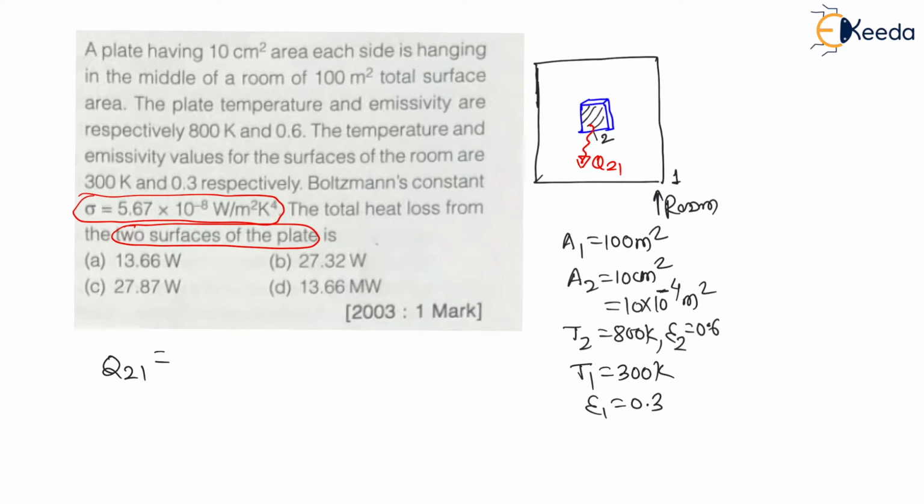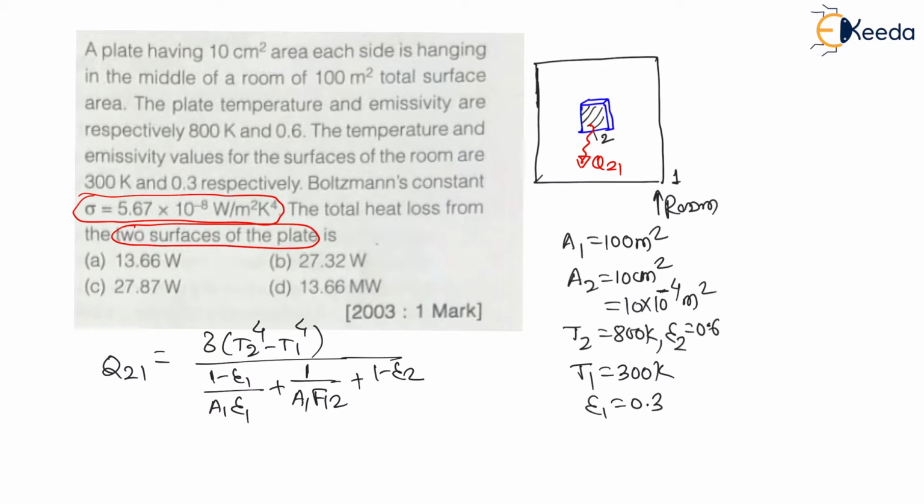As we are calculating 2 to 1, it is sigma into T2 power 4 minus T1 power 4, divided by (1 minus emissivity 1) divided by (area 1 emissivity 1), plus 1 upon (area 1 F1 to 2), plus (1 minus emissivity 2) divided by (area 2 emissivity 2).